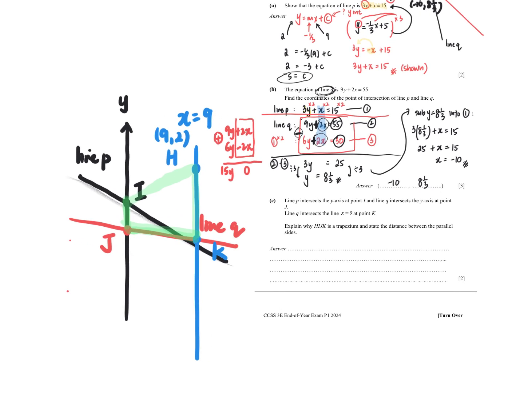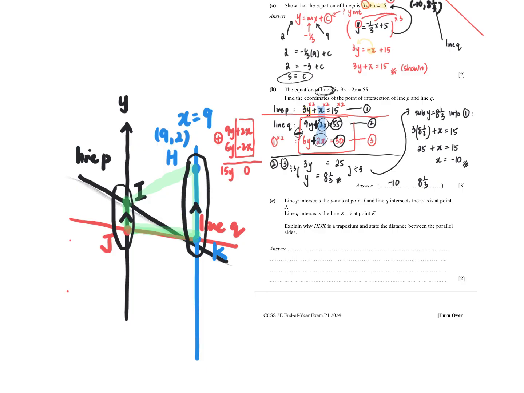Parallel lines. Which one is the parallel line in this case? Y-axis. So actually this pair of lines is parallel to this one.